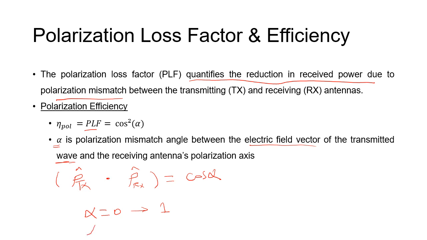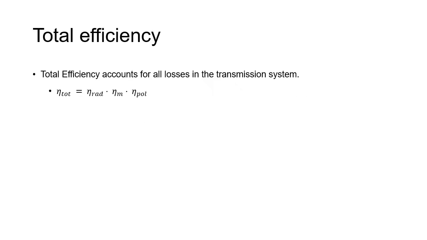If alpha is 45 degrees, you will have 1 over the root of 2. And if alpha is 90, we will have 0. I mean the cosine of alpha. This means that this is very critical, and we need to match the polarization of the transmitting and receiving antenna as much as possible.